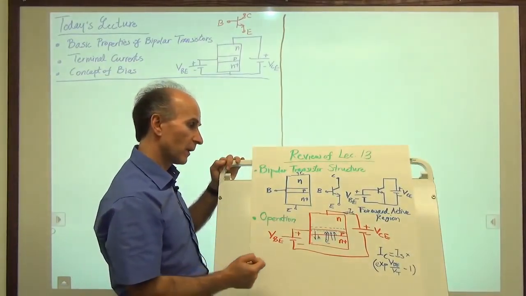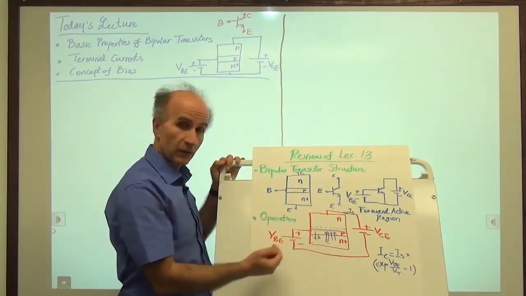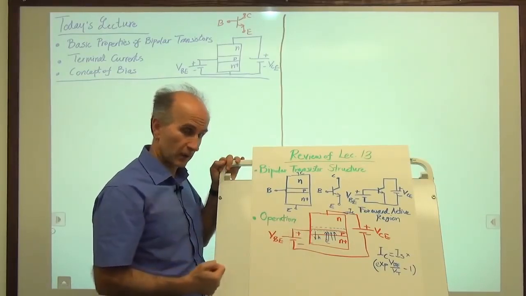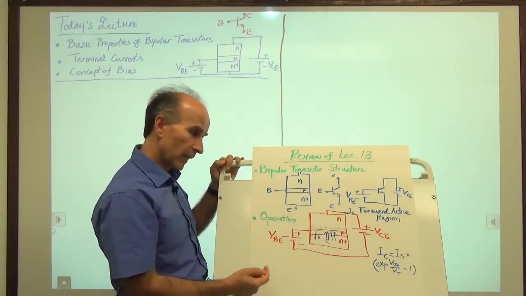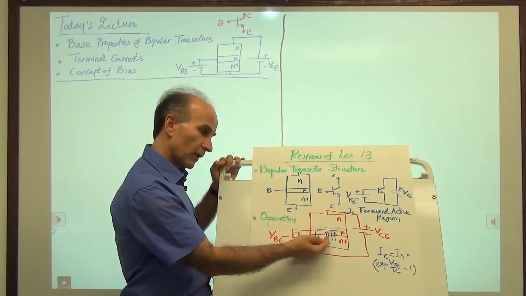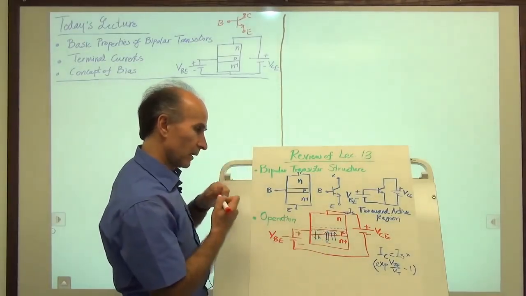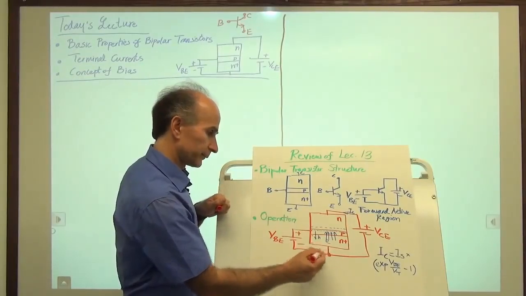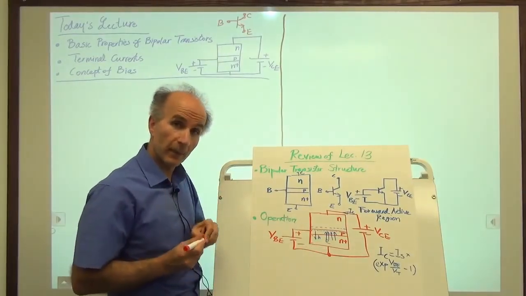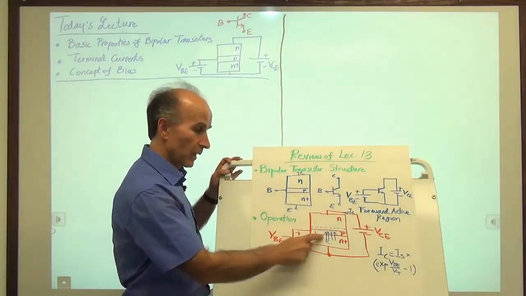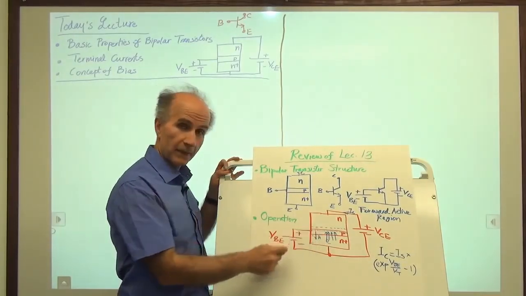And then we saw that under forward bias condition, under active region operation, we have a lot of electrons going from emitter to base, because the emitter is heavily doped. Much more than the base.